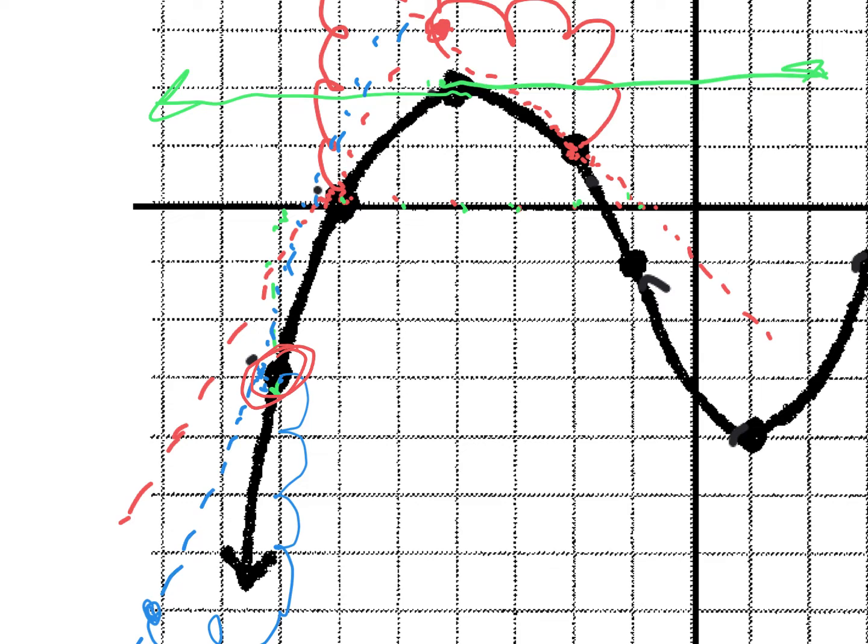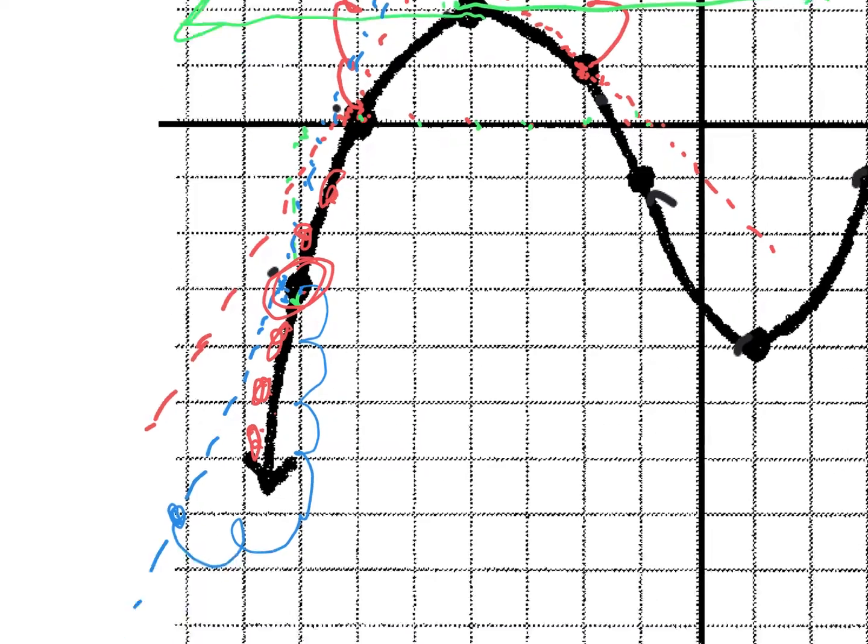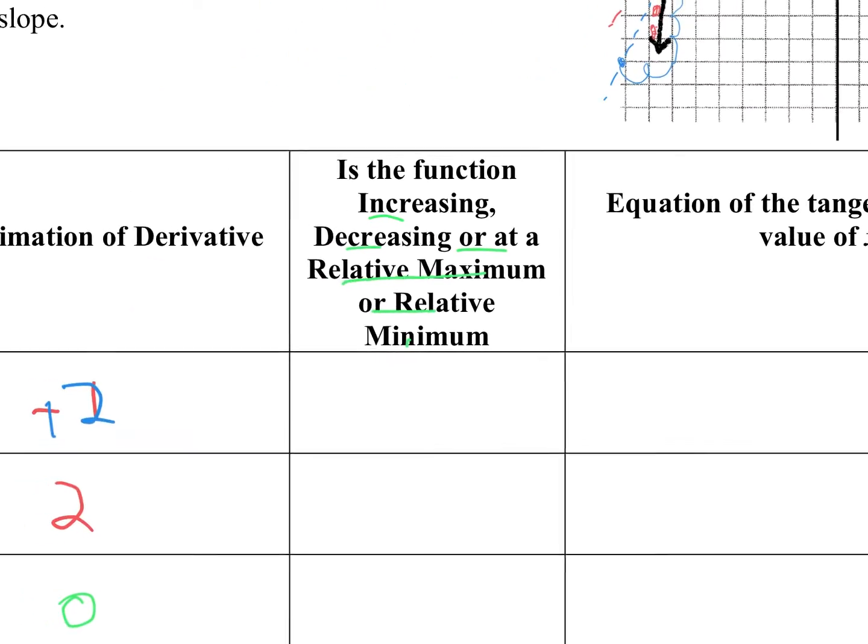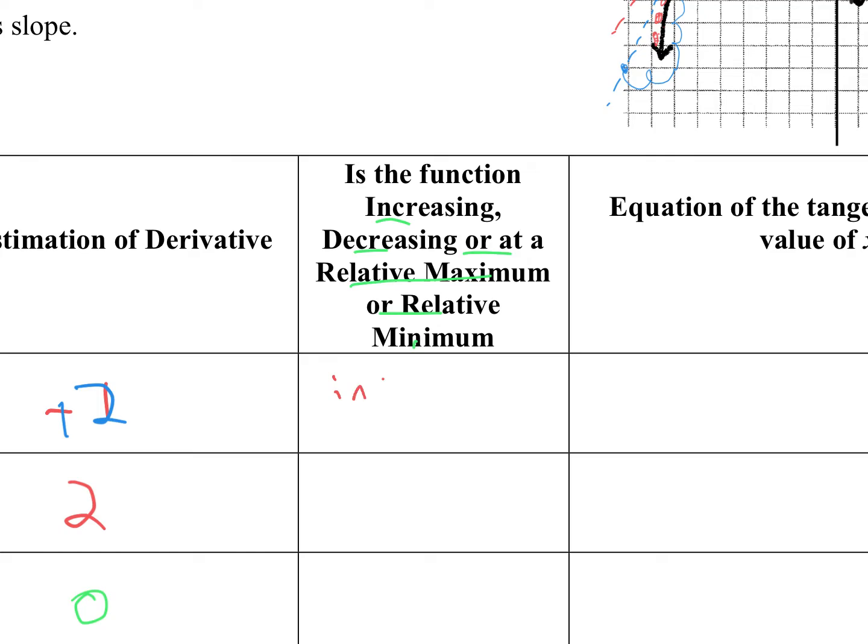Matter of fact, I could say it's the same as it is here, and here, and here. What do all those places have in common? Decreasing? From left to right, I'm going down? Increasing. The slope of every one of these places would be a positive slope. So we would say it is definitely increasing.